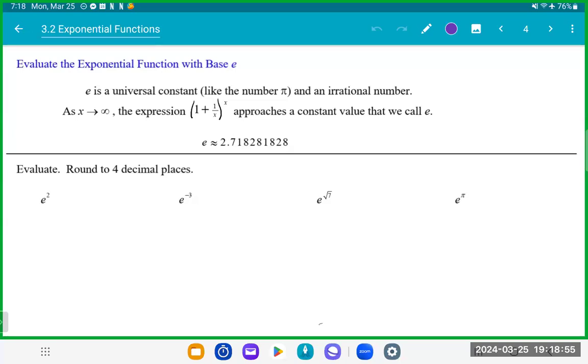Turn your cell phone sideways and you should be able to see the E character. Okay. So if you put in your calculator E squared, so it may look like E, the caret, and then the number 2, right? Hit enter. You should get a value of 7.3891 if you took that out to 4 digits.